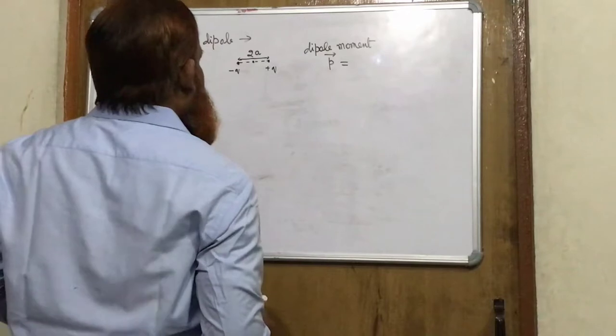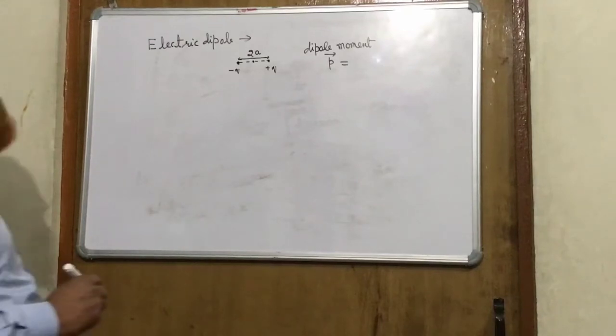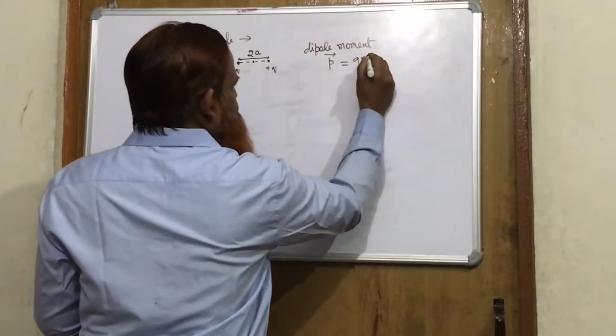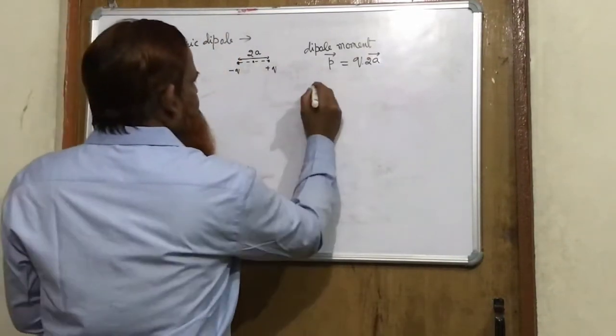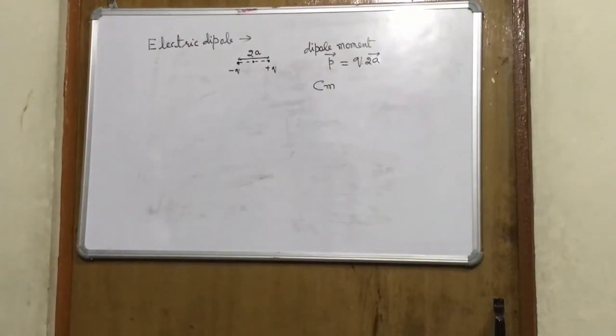Dipole moment is defined as the product of either charge and the separation between them, q times 2a. The unit of dipole moment is coulomb meter. The direction of dipole moment is from the negative towards the positive charge.